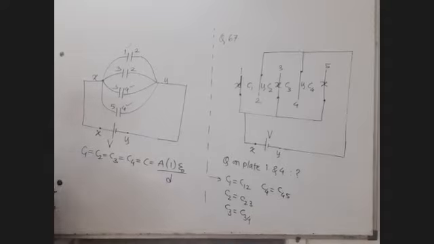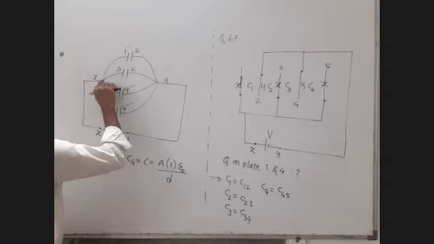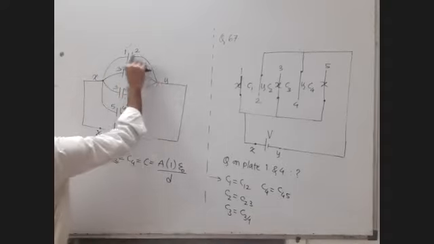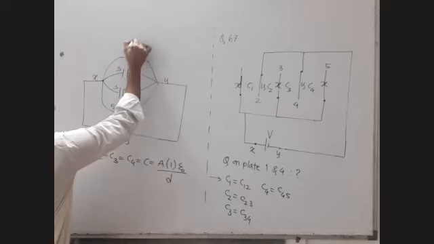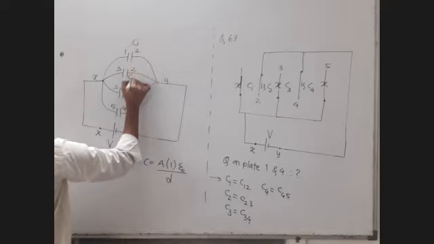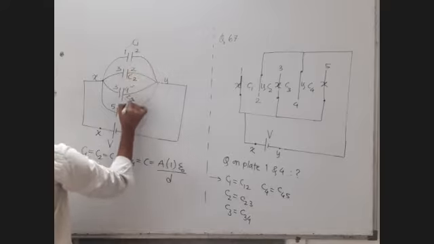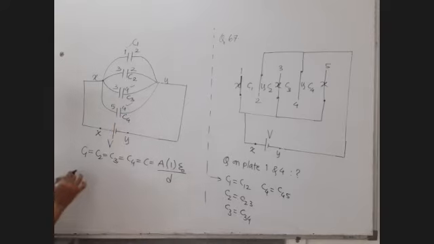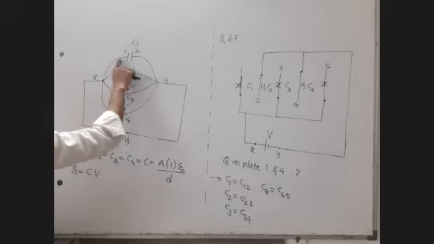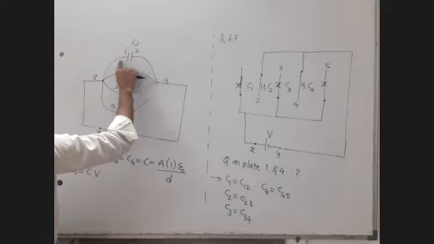The way is, if you know the potential difference between point X and Y, and if you know the capacity C1, you can find out Q1. Let me write here, Q is equal to CV. I know Q is equal to CV. Now, for the first branch, what will be the charge?